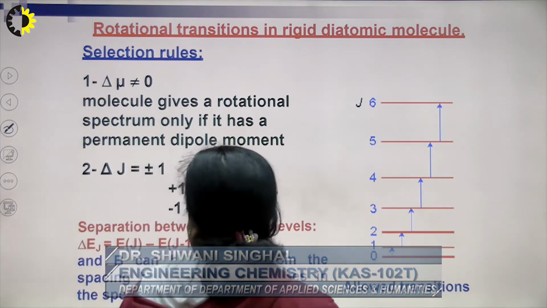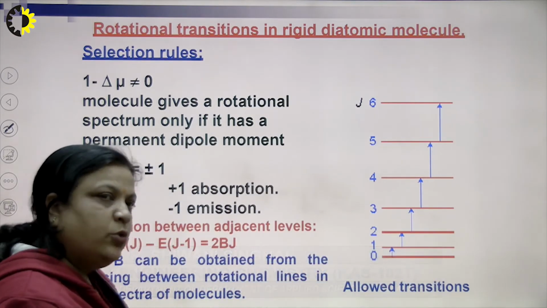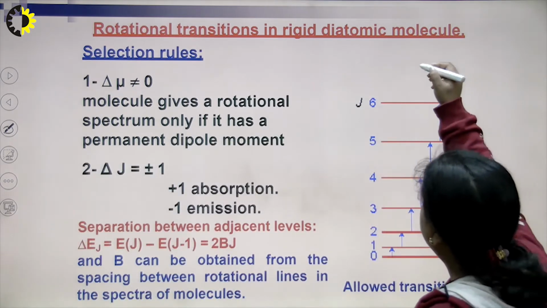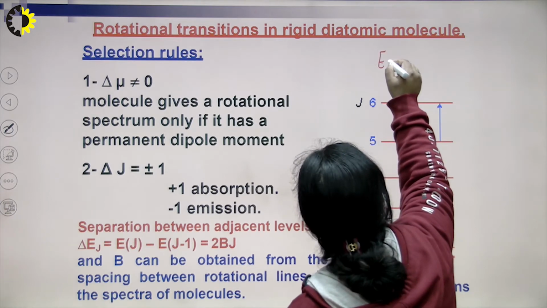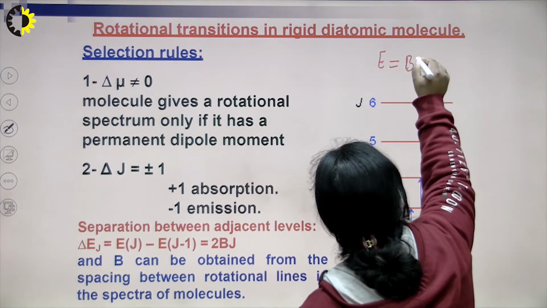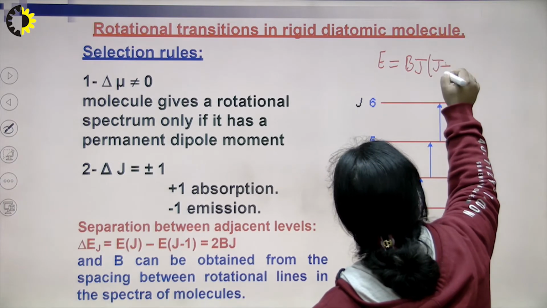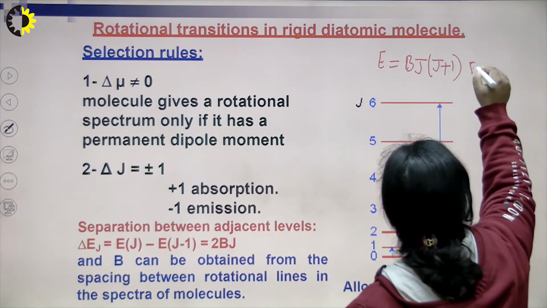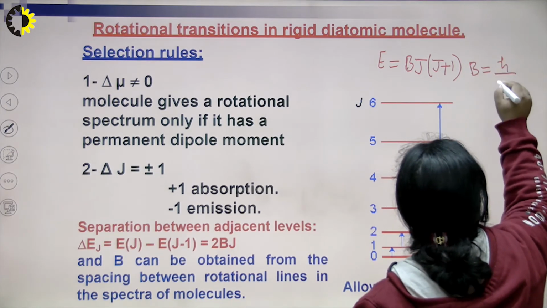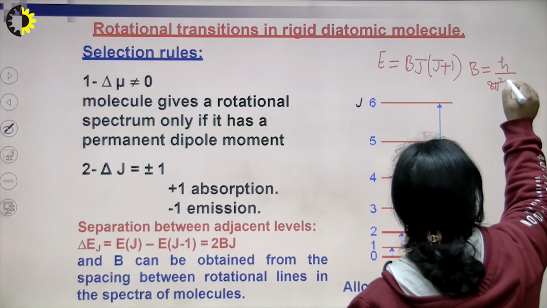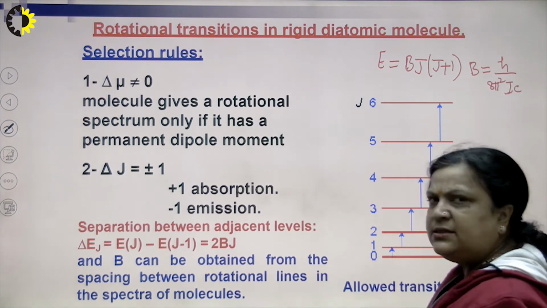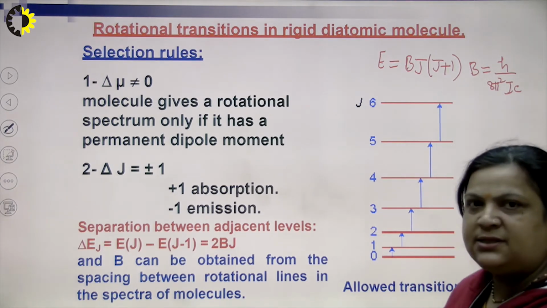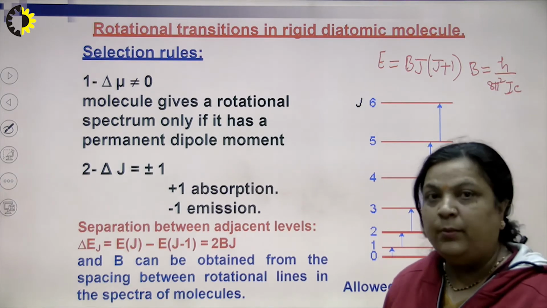So, in the previous lecture I explained the total amount of energy required for rotation, which in centimeter inverse is B into J into J plus 1, where B is the rotational constant, equal to h upon 8 pi square I c, where I is the moment of inertia, c is the velocity of light, h is Planck's constant and J is the rotational quantum number.